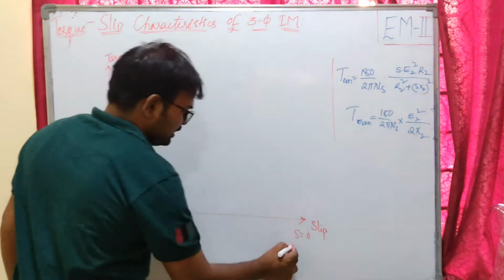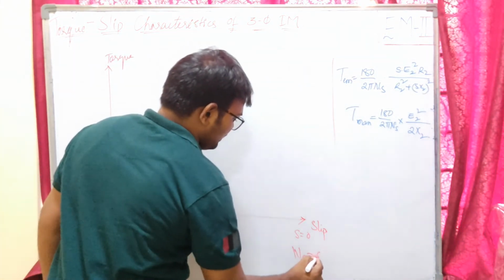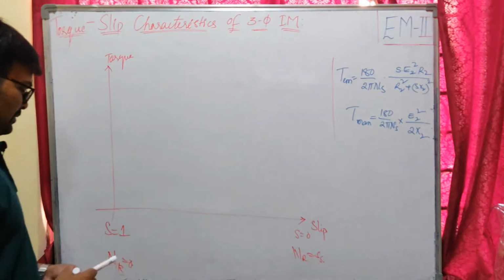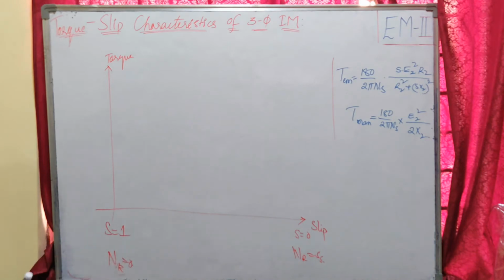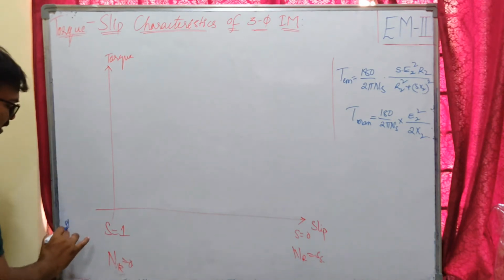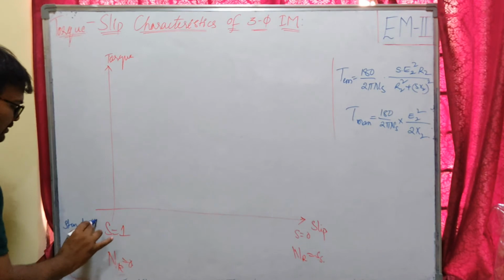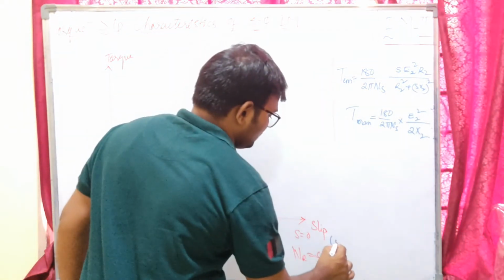Here Nr equals 0, and here Nr equals Ns. So s equal to 1 is my standstill condition, and this is my synchronous condition.